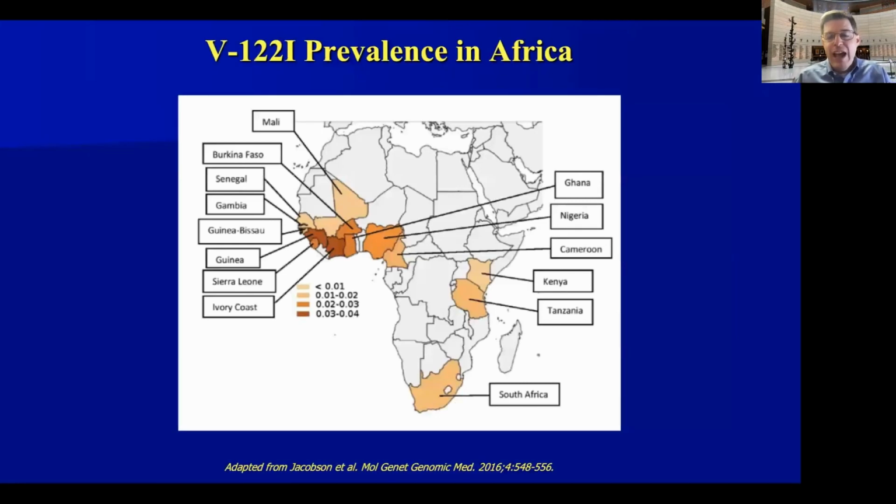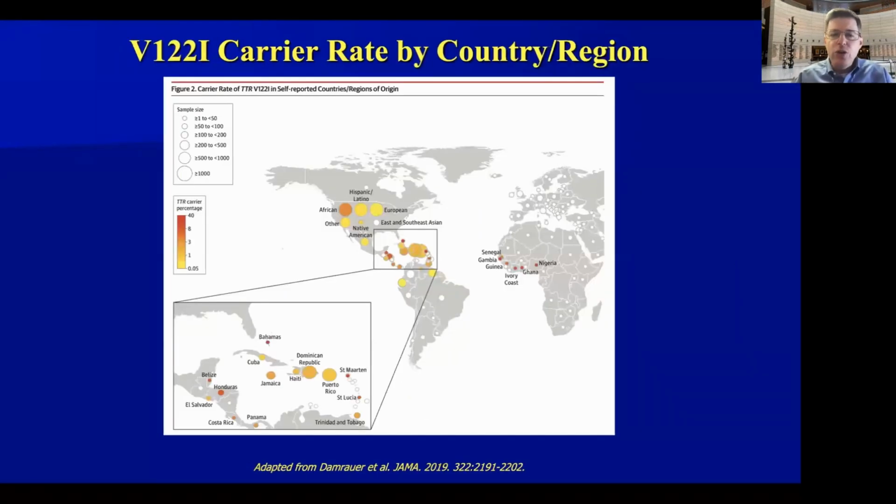If you look within Africa, you can see that the highest prevalence is in Western Africa. And if you look at the United States and North America and South America and the Caribbean, you can again see different prevalences of the mutation in different countries, but quite substantial in much of the West.